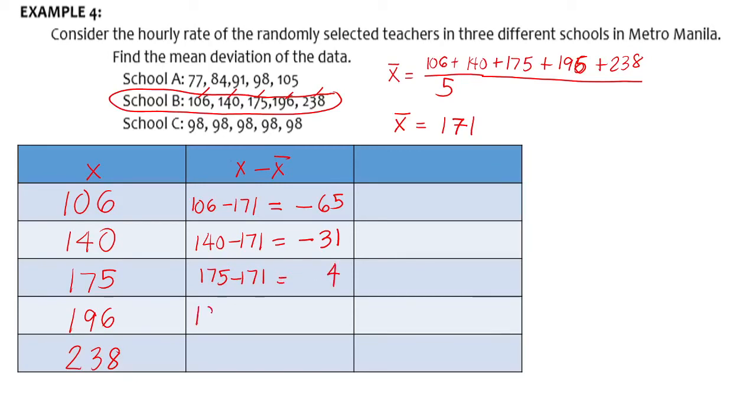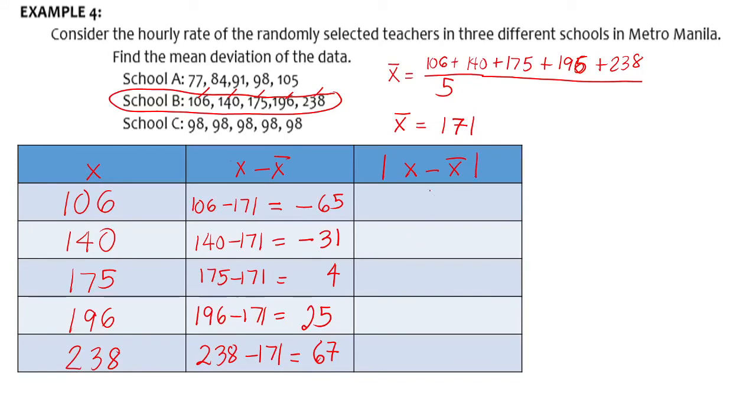What about 196 minus 171? 25. What about 238 minus 171? 67. Now, let's get the absolute value of the difference.